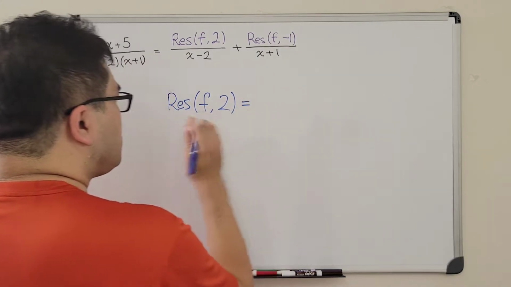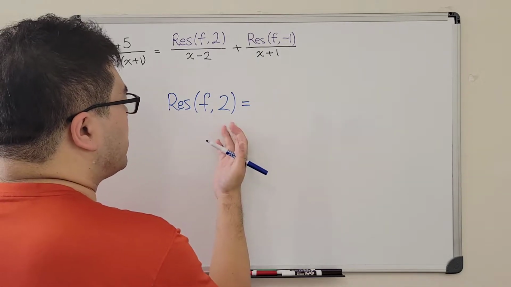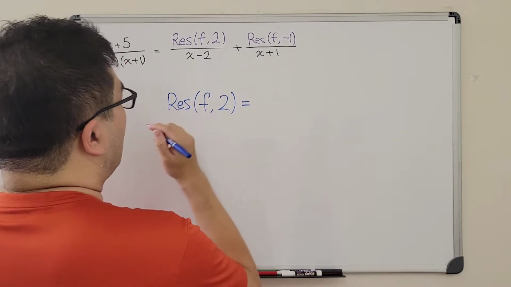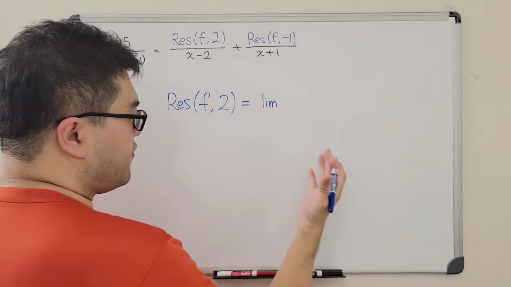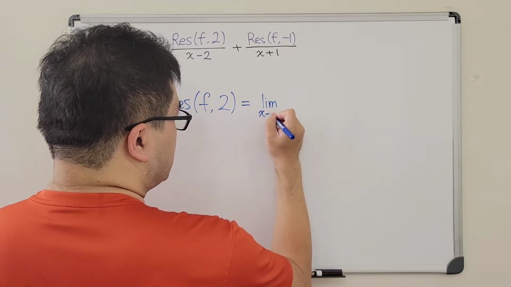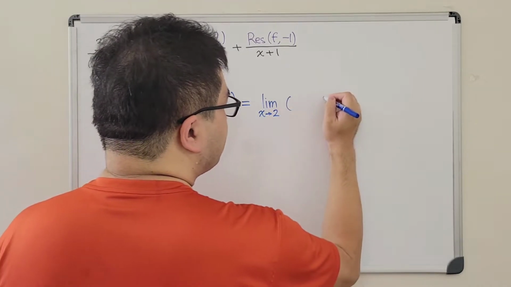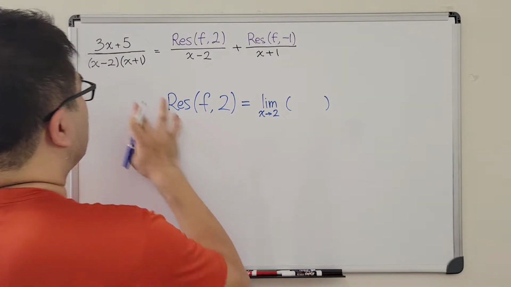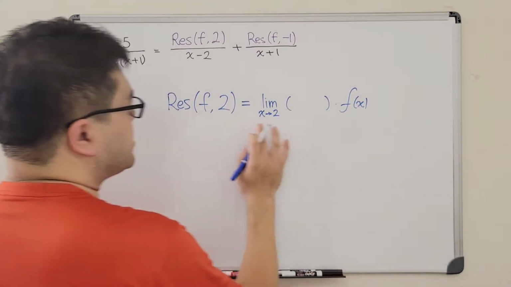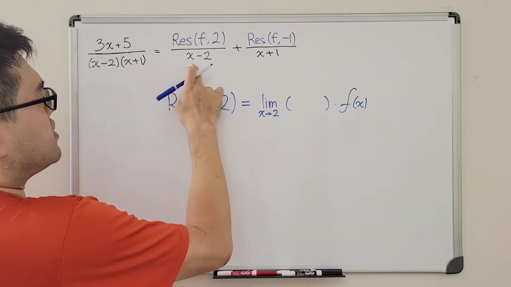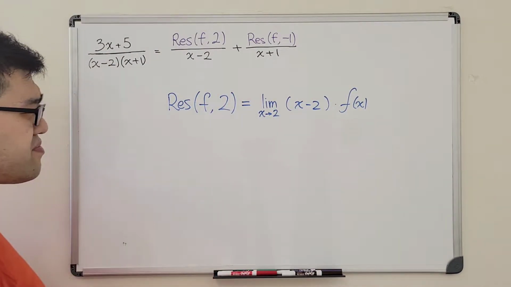So for the application part, we will have the residue of the function when x is equal to 2. By its definition, we will be taking the limit when x is approaching 2 of, we're going to take this function f of x times whatever the denominator we have, which is x minus 2.